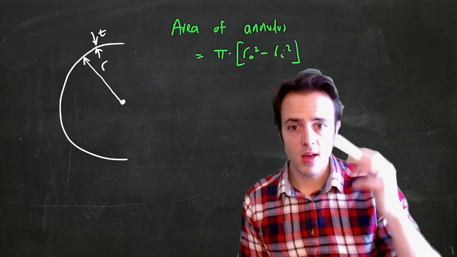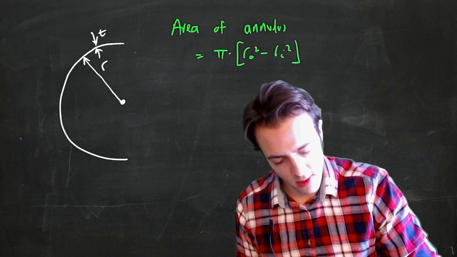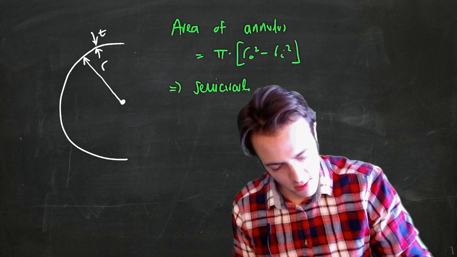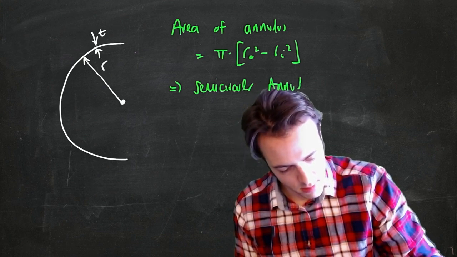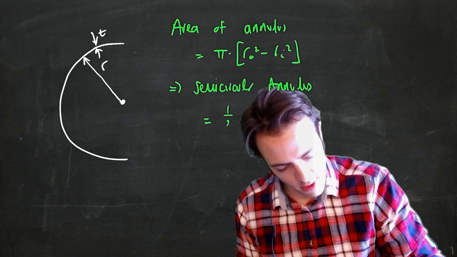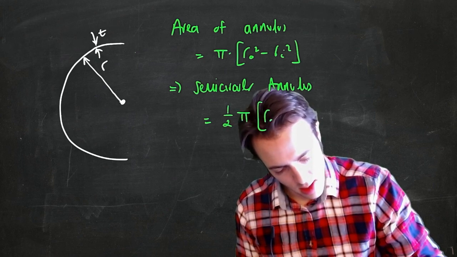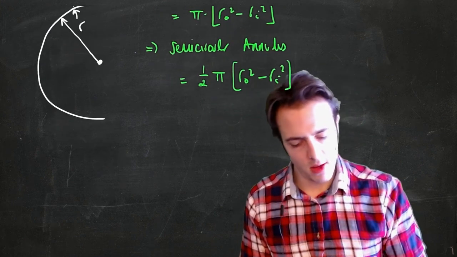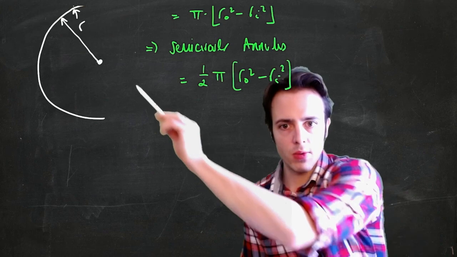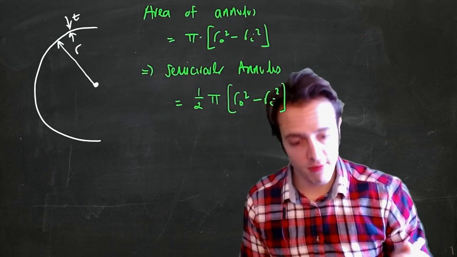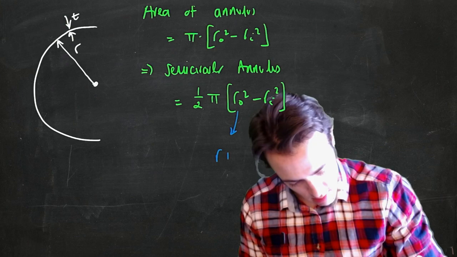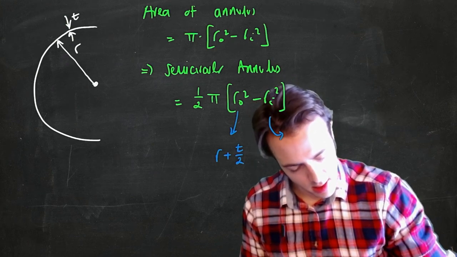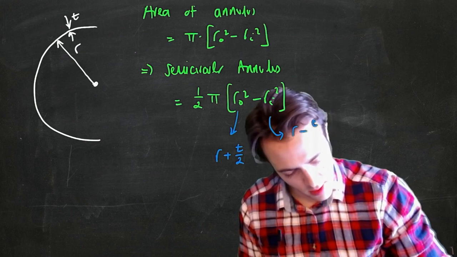So for our purposes, the area of a semicircular annulus is equal to half pi (r_out squared minus r_i squared). Our r out is equal to r plus t on 2, plus half the thickness, and our r inner is equal to r minus t on 2.